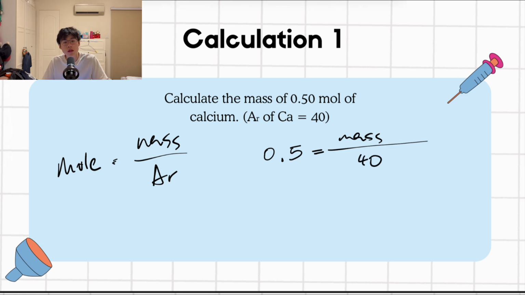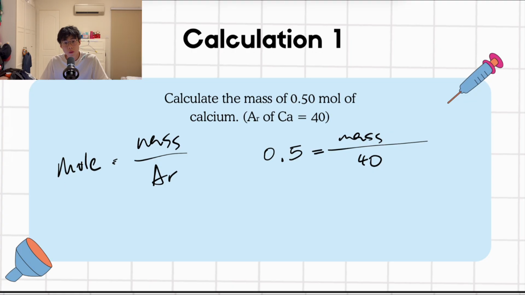Since scientists designed the mole in a way that is so convenient, where at that specific amount the mass of a substance equals the relative atomic mass of a substance, meaning that the relative atomic mass represents the mass in grams of a substance when there's 1 mole of it, now we know that there are only half a mole of calcium, and therefore mass must be 20, as we know from this equation.